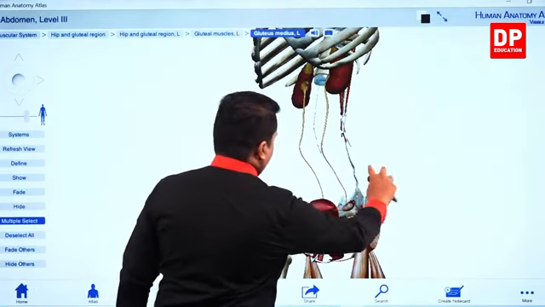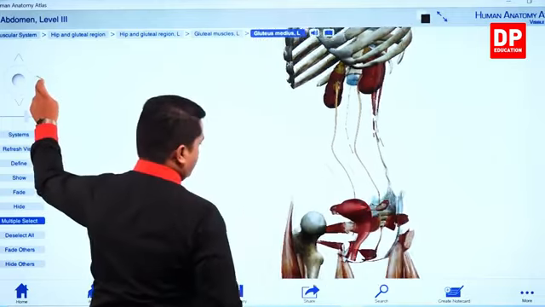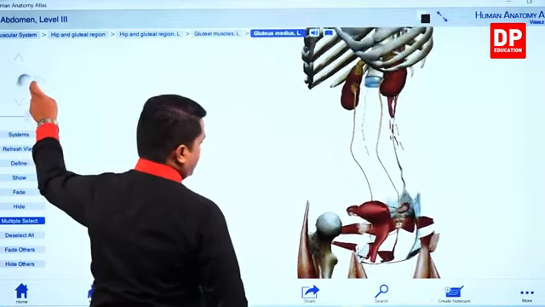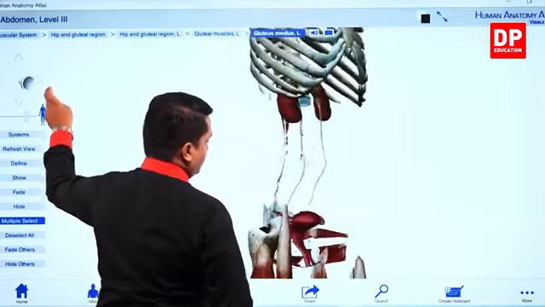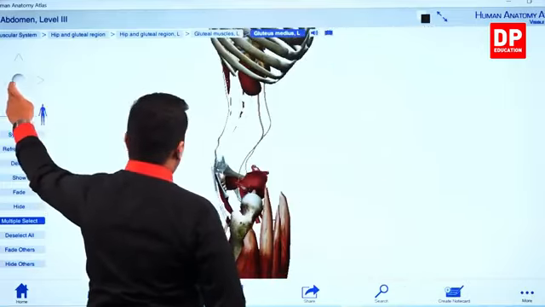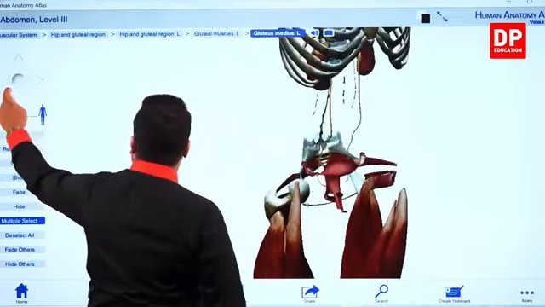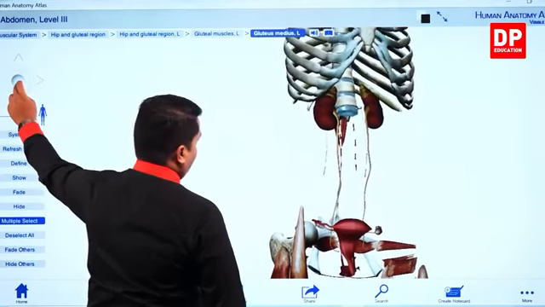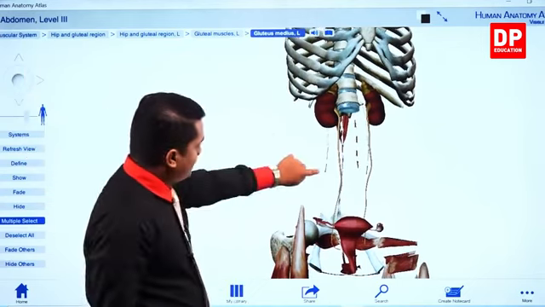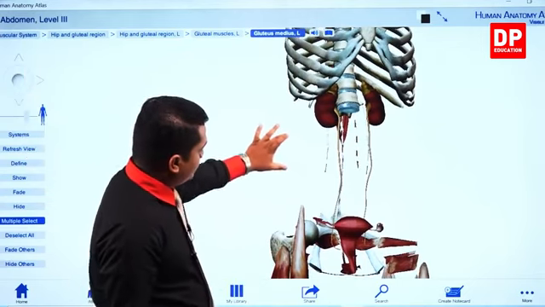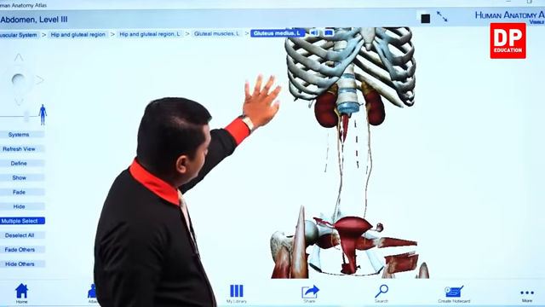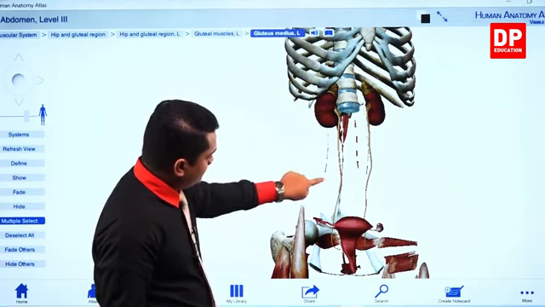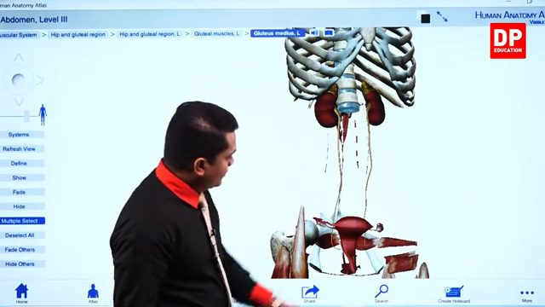So now you can clearly observe the structure of the kidney and the urinary system. See, right, you can see it very clearly here. So here you can observe the ureters.